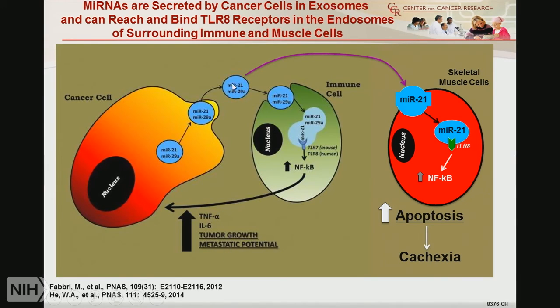But Croce has just recently shown that miR-21 also in these exosomes will also bind to muscle cells. So what's cachexia? Cachexia is a condition that's relatively rare in cancer patients, more common in pancreatic cancer patients and perhaps some others.